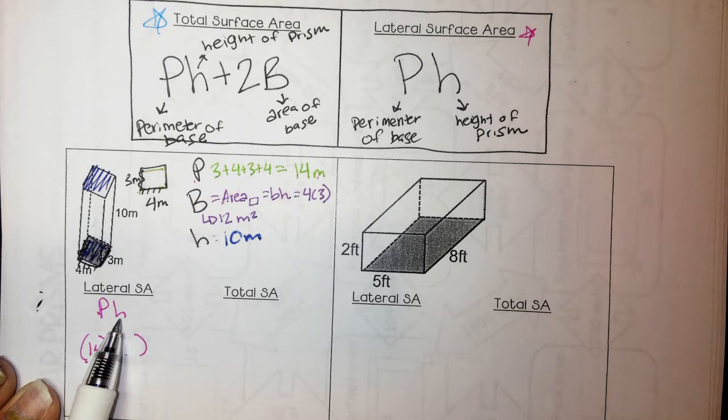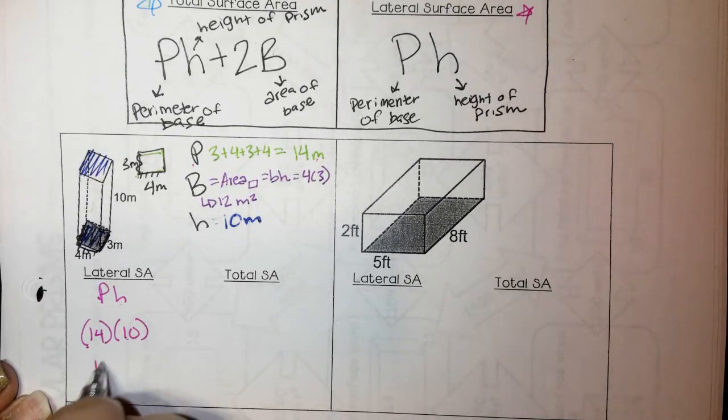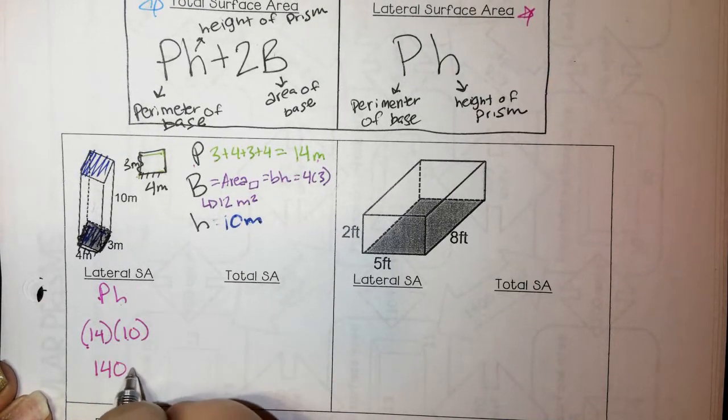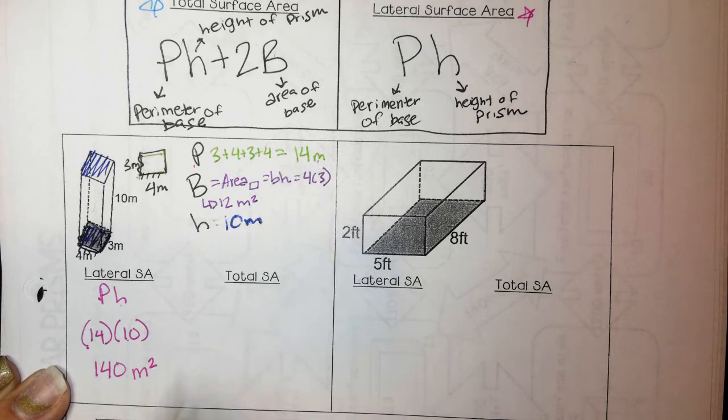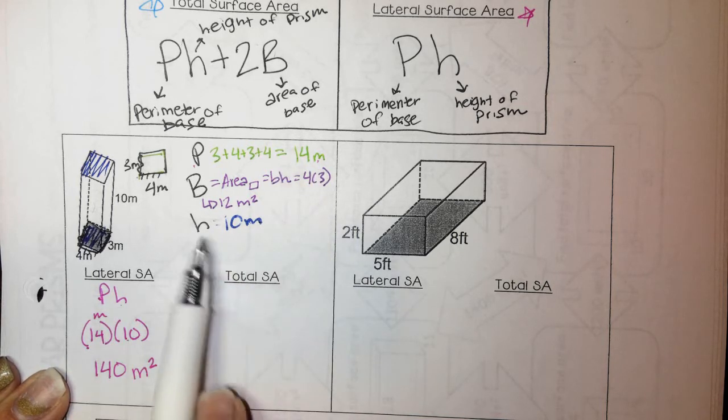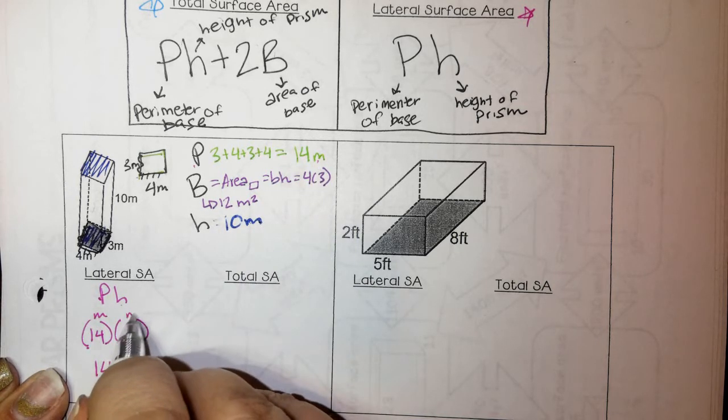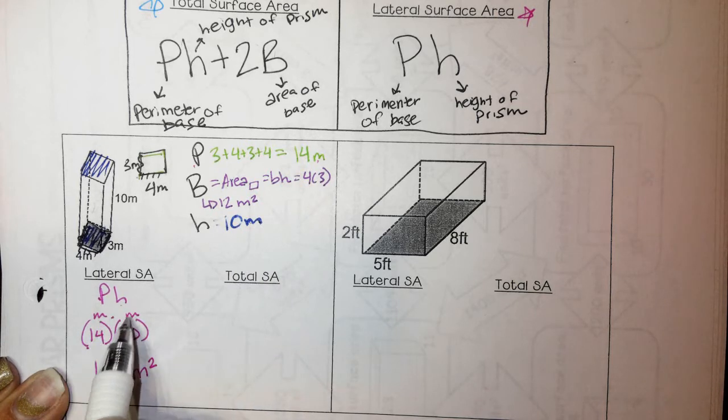This bubble is in place of H, and H is 10. Now 14 times 10 is 140. This is an area, so this is meters squared. That's because our perimeter is in normal meters, and our height is in normal meters, and meters times meters is meters squared.